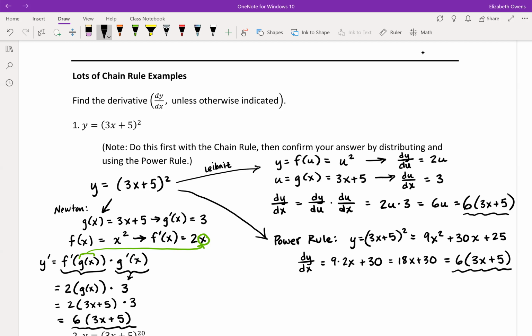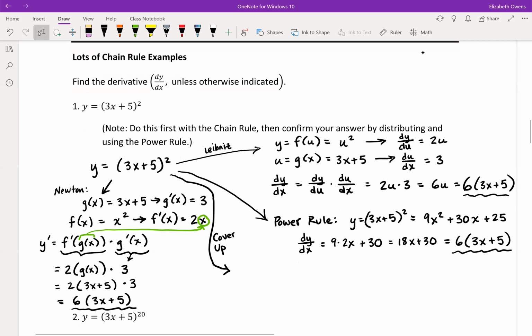All right, sweet. Now it looks like I still have a little bit of space here. Let me show you the cover-up method as best I can on here. That way you get all your stuff in one place. y equals (3x plus 5) squared.